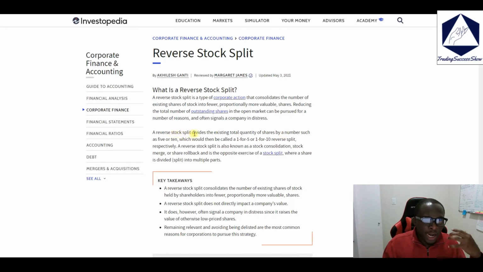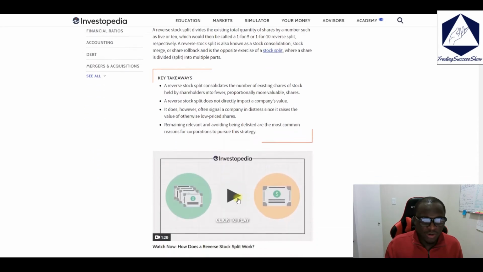Without further ado, a reverse split divides the existing total quantity of shares by, say, 5 or 10 or 20, and so on and so forth. A reverse split is also known as a stock consolidation, stock merge, or stock rollback, and it is the opposite exercise of a stock split, where a share is divided into multiple parts, right?